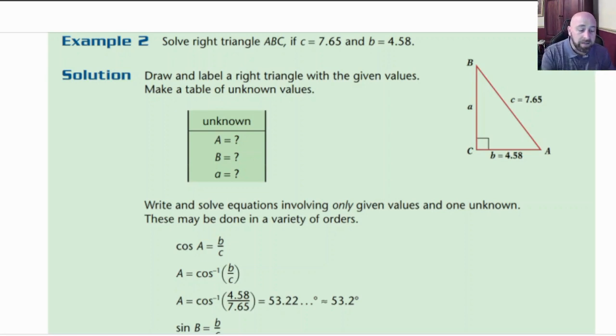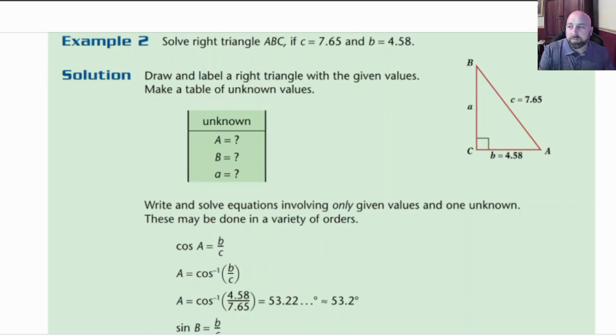What do they give you? They give you the C value. They give you the hypotenuse, and it's 7.65. They also give you the B side, and the B side is 4.58.